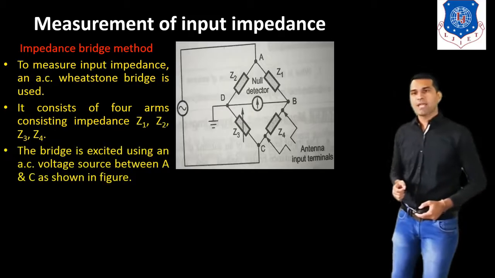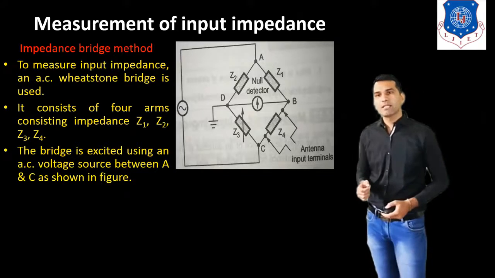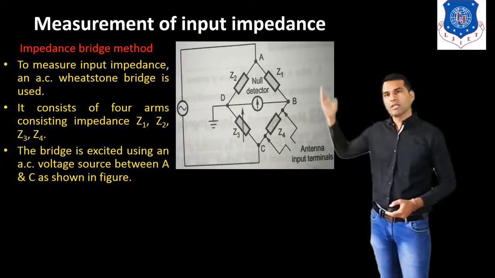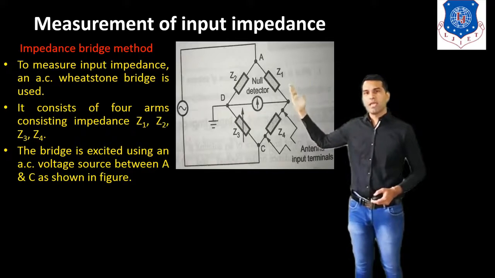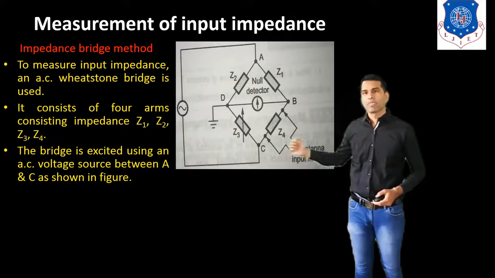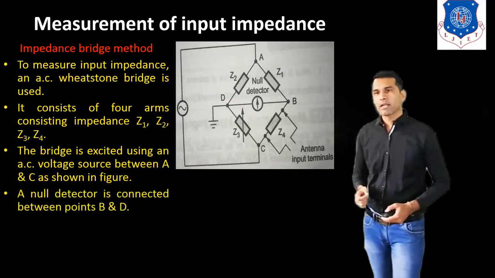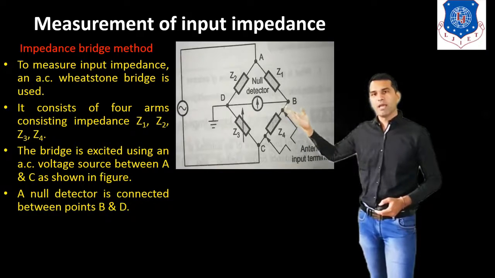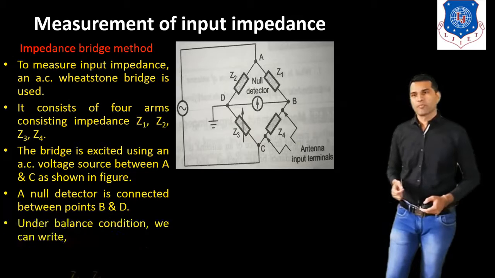The bridge is excited using an AC voltage source between A and C as shown in this figure. So here we see the input voltage is applied between terminal A and terminal C. A null detector is connected between the points B and D.